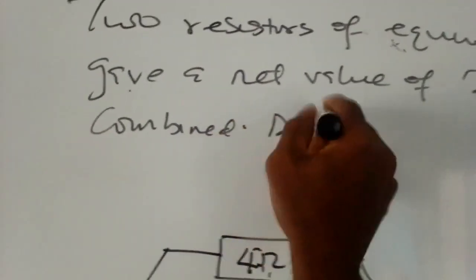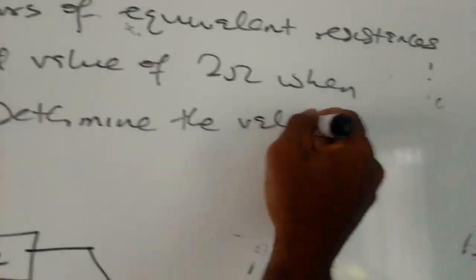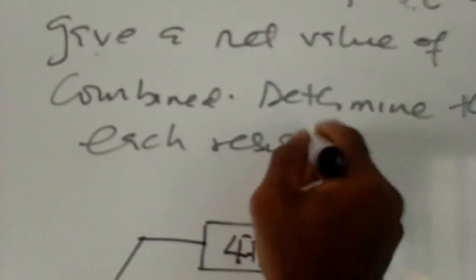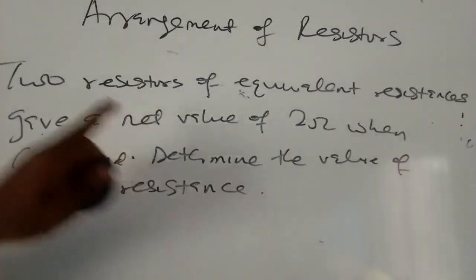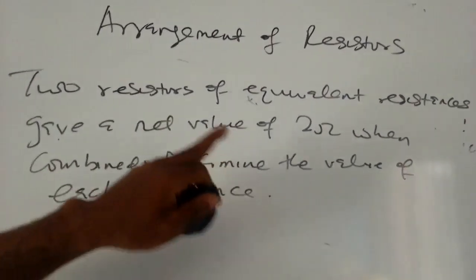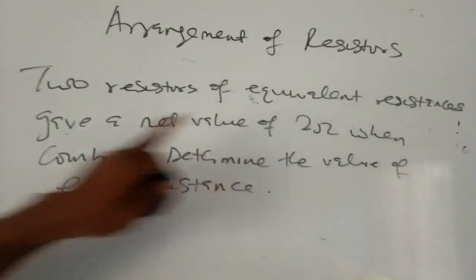Determine the value of each resistance. Two resistors of equivalent resistance means that they have equal resistances. That's what it means.